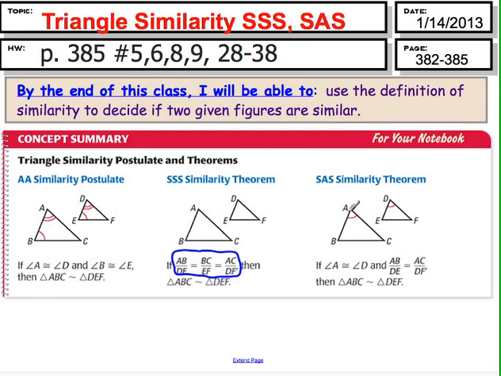So if we talk about angle A and angle D, we'll need the sides right next to it. So we'll talk about these two sides as well. And that will have a smaller statement of proportionality where the ratios have to be consistent, like 2/3 or 5/8 or whatever it might be, just like for the side-side-side similarity theorem.